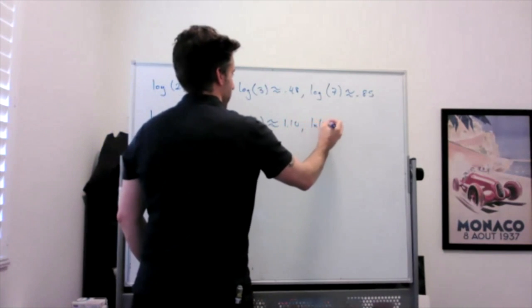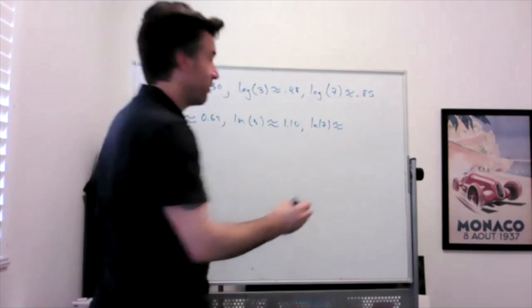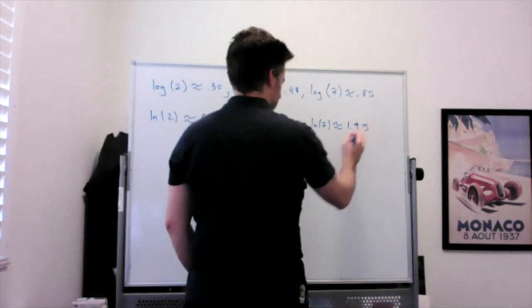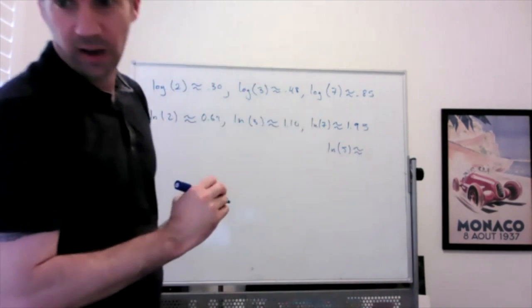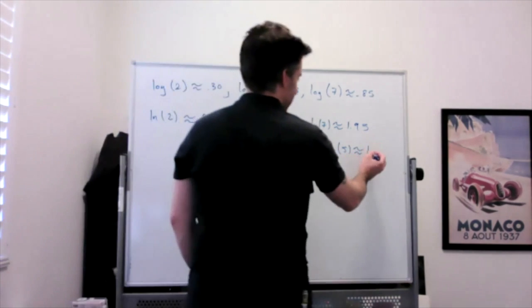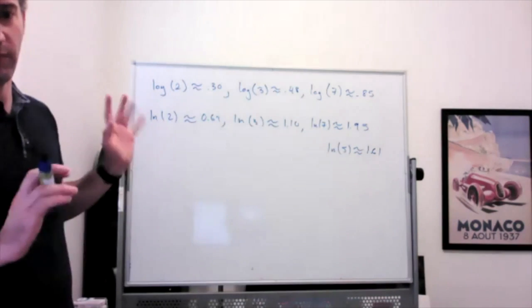Natural log of 7 is approximately 1.95. Oh, and they also give you natural log of 5, which is approximately 1.61. Sorry, I should have said this in the beginning: you don't need to write these down. You can look them up or see them on the notes or use the calculator.